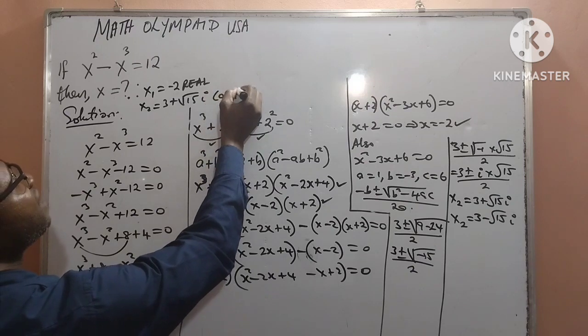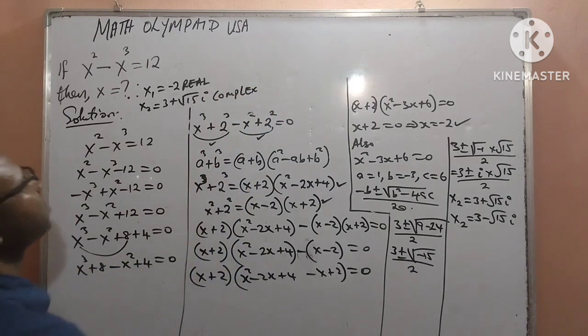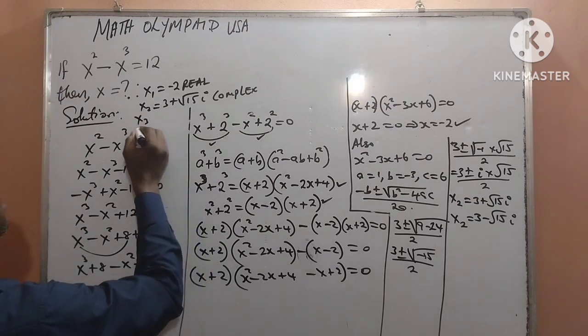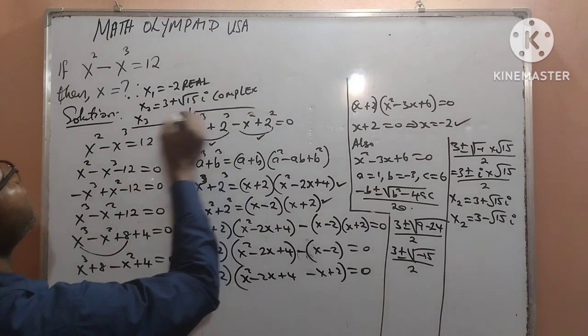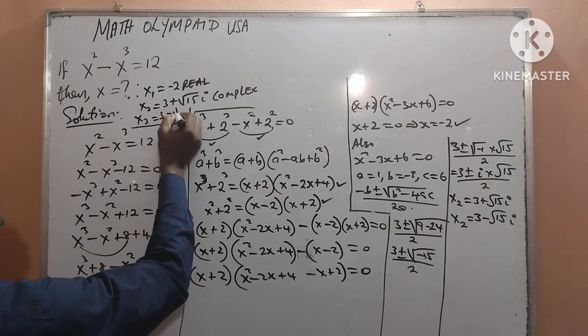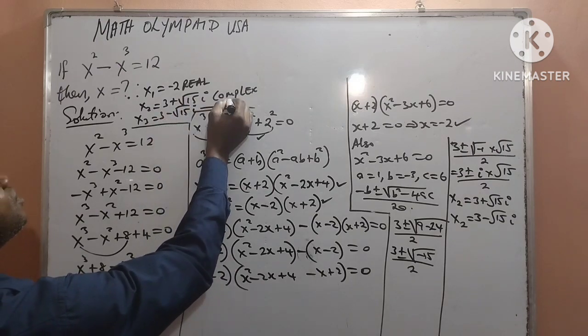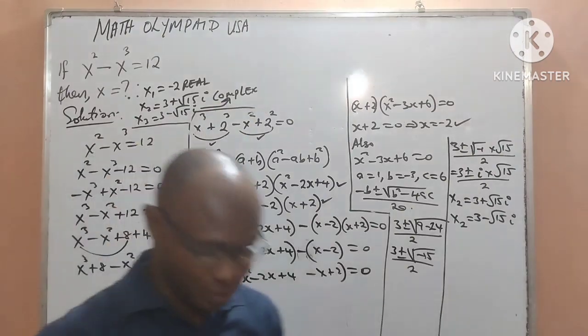This is a complex root. And the third one also is x3, which is also going to be 3 minus the square root of 15i, all over 2. This is also a complex root.